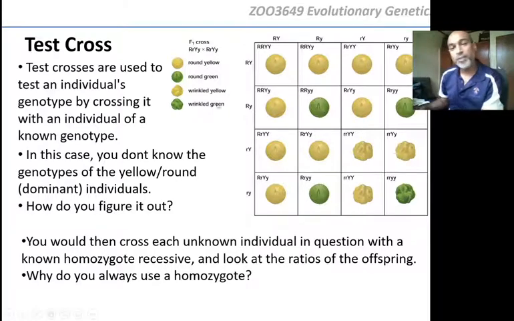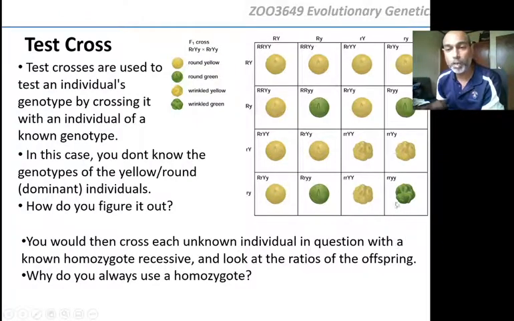However, what if the round and yellow was this genotype? If it was this genotype, but you don't know the genotype, you want to find out the genotype. So you do a test cross with this one and who? Again, always the homozygous recessive. What will you get here when you put these alleles?